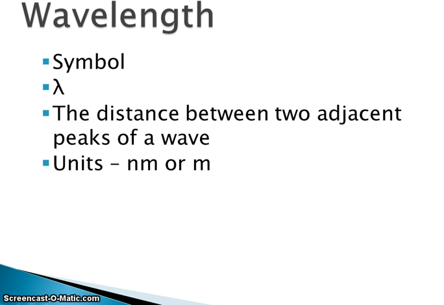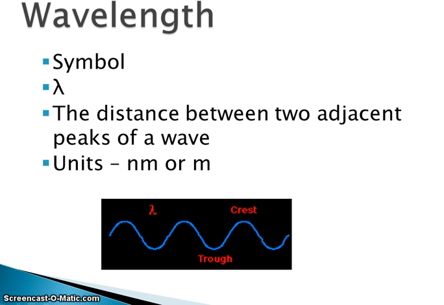And in our particular case, when we talk about electromagnetic radiation, we're going to be dealing with it in terms of nanometers, but we need to keep in mind that the speed of light is in terms of meters per second, so we'll have to do a conversion along the way. So let's look at an electromagnetic wave and deal with wavelength. Wavelength would be the distance from crest to crest or from trough to trough on that particular wave.